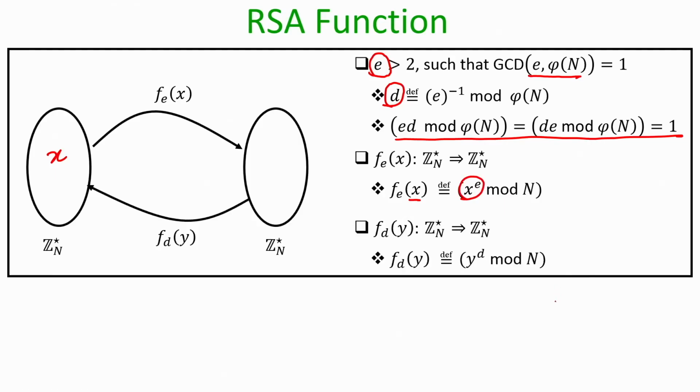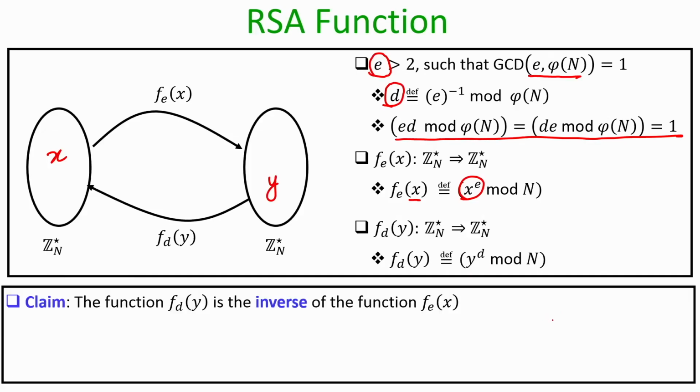Whereas, my reverse function from Zn star to Zn star will be the following. If I have a value y and I want to invert it, I compute y to the power d modulo n.